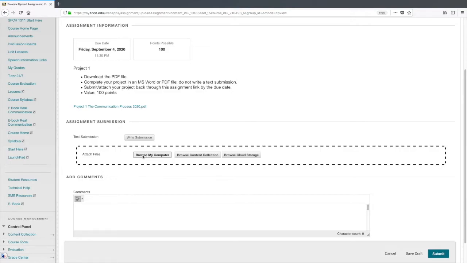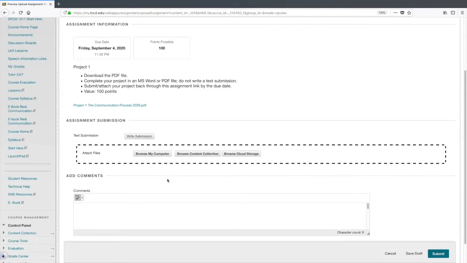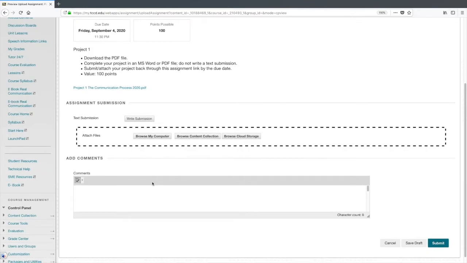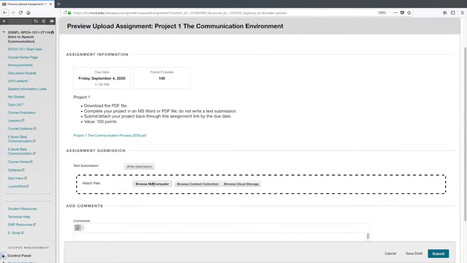So you would click on Browse My Computer to search where you have saved it. Once you have clicked on where you have saved it, then attach it and then submit it. And that's how you submit your assignments through Blackboard. So make sure you do this accurately and submit it through Blackboard.